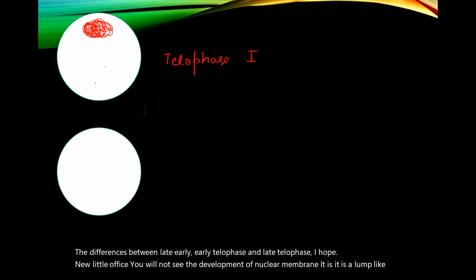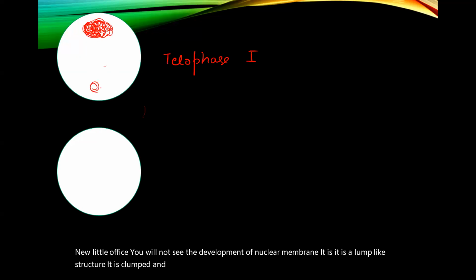It is clumped, and once it becomes late telophase, the membrane starts developing. It will appear like this. Margin is uneven because the membrane is not here yet. Okay, nuclear membrane gradually reappears. Fine. And individual chromosomes cannot be identified. Right? This is telophase 1.